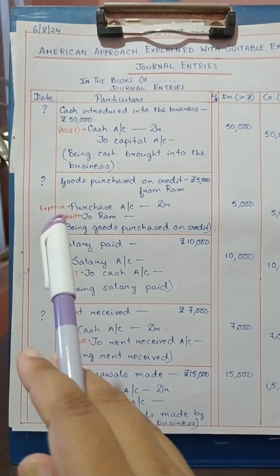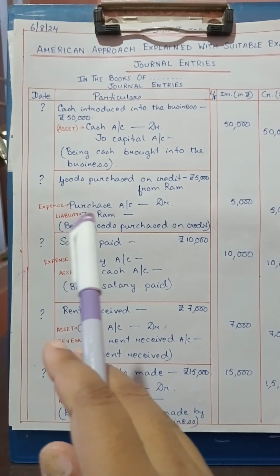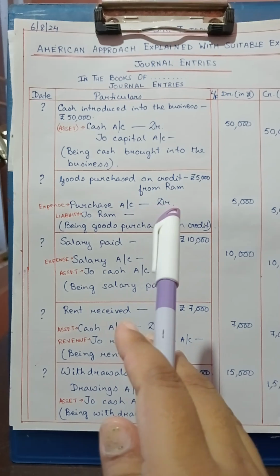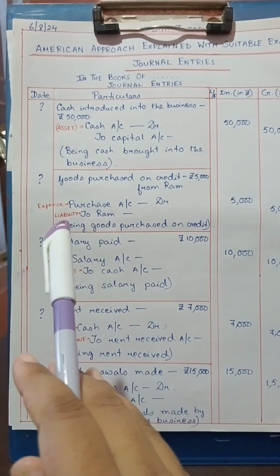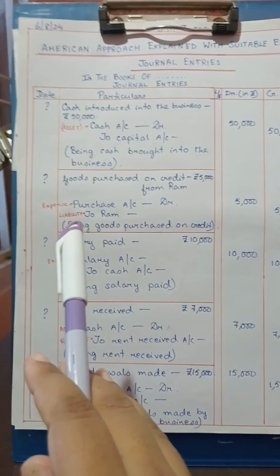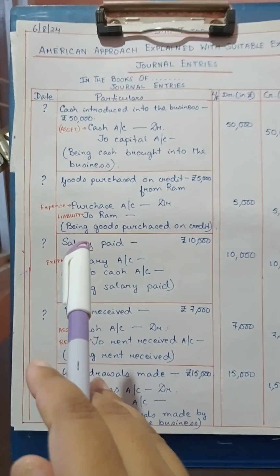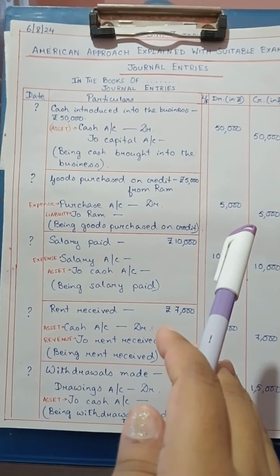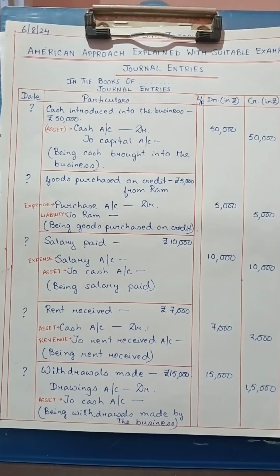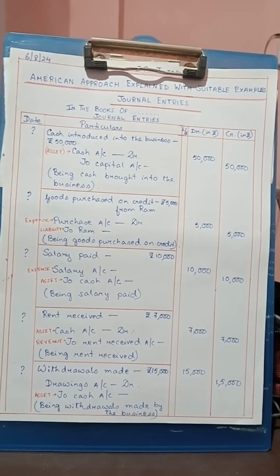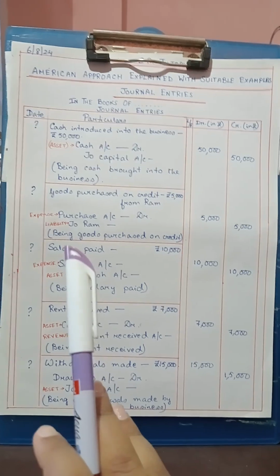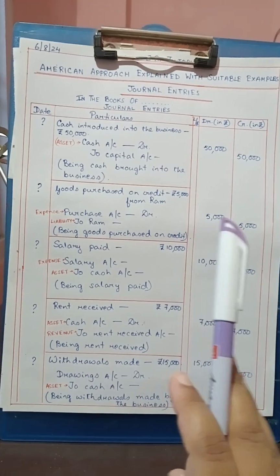We know when an expense increases, it should be debited. So the purchase account is debited to RAM. RAM here is a liability. Liability increases, so it should be credited. Being goods purchased on credit, 5,000. So you have understood the second case.